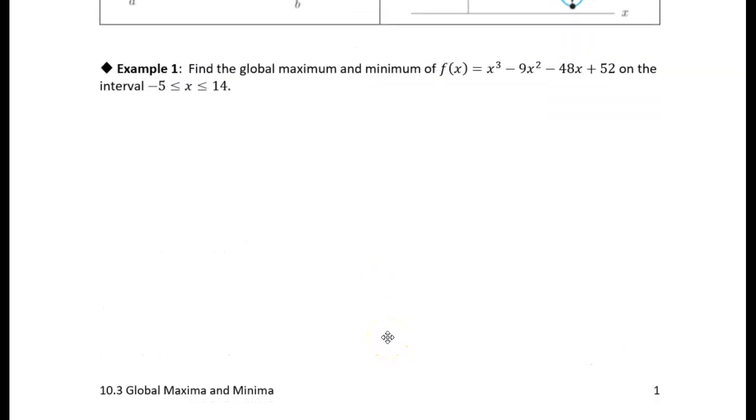Now this is the same polynomial function that we've been working with in the last 2 sections. And so we really already know the critical points. We've done this before, right? To find the critical points, we take the derivative and set it equal to 0 and find the critical points, and then evaluate them either by the first or second derivative test to find out whether they're a local maximum or a minimum.